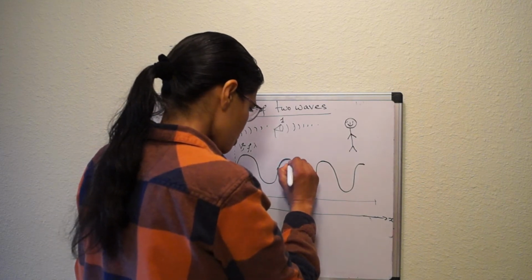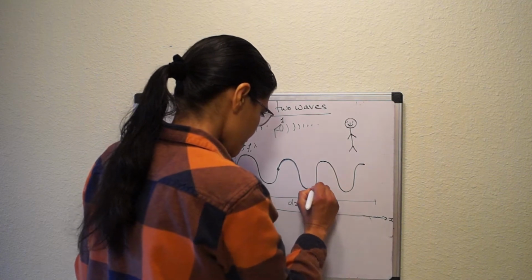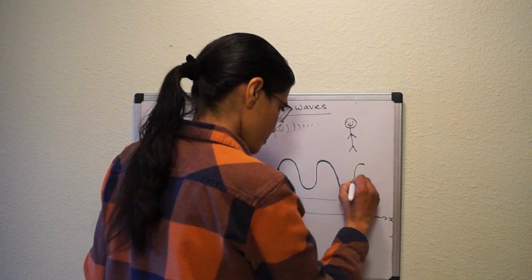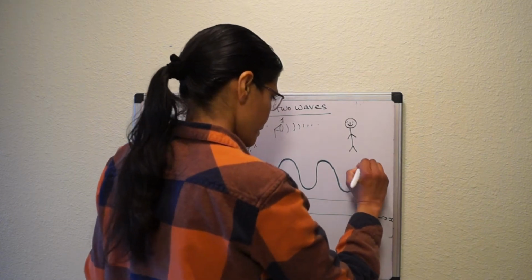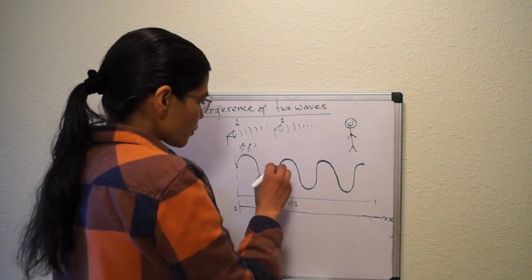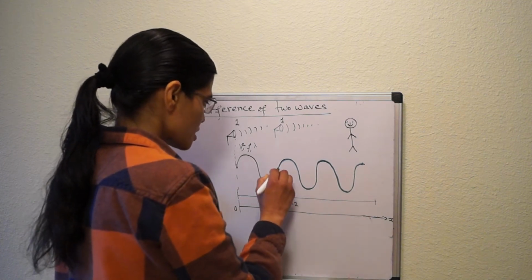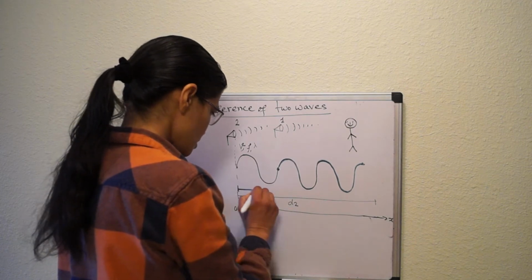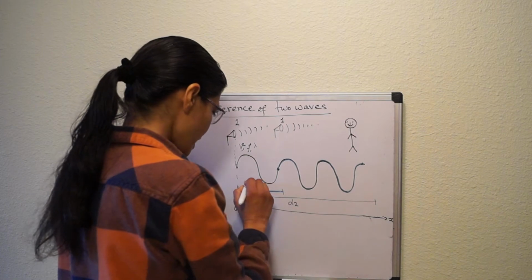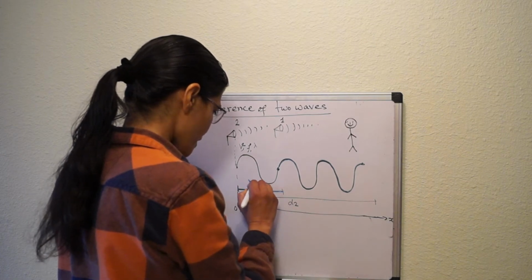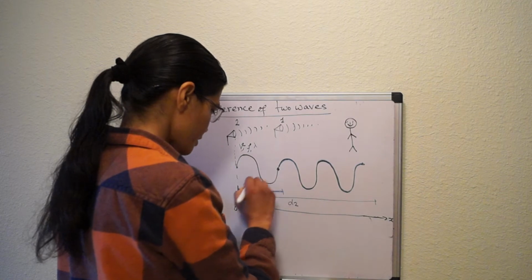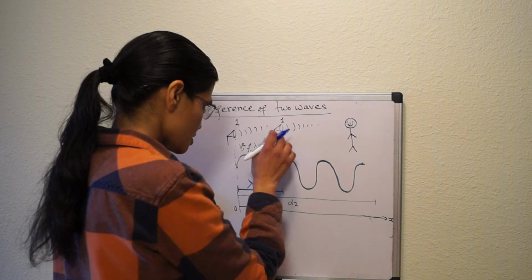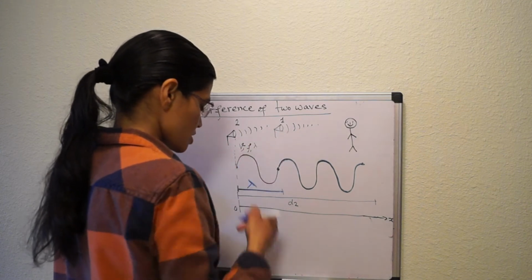And then it also goes like this, perfectly matching the one coming from the other speaker. So the important thing here is that this speaker starts at a distance lambda, one wavelength, apart. One full wave apart, okay?